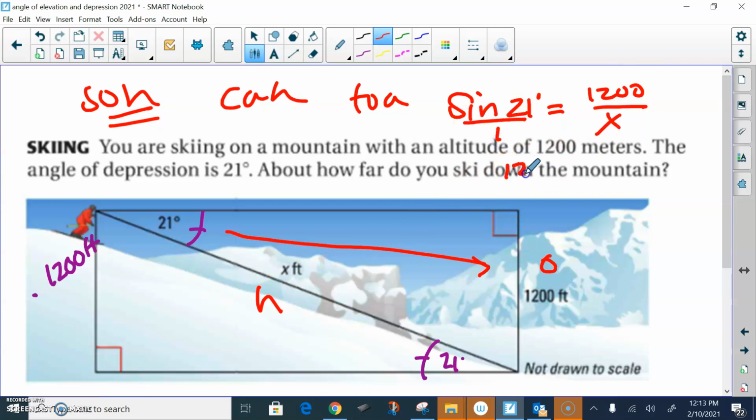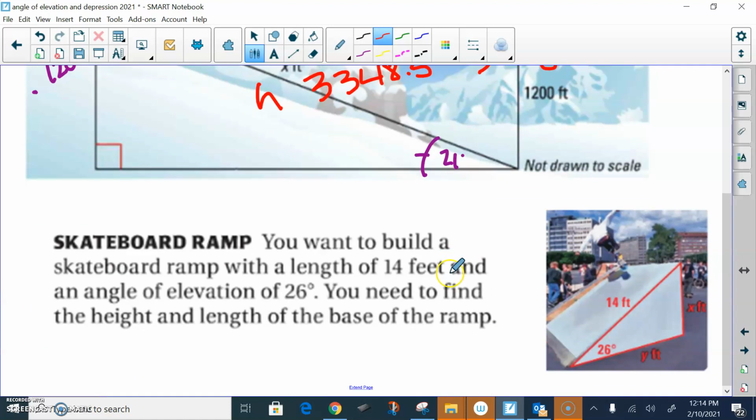We're going to cross multiply. We're going to divide. So I grab my calculator, I punch in 1,200 divided by sine of 21. And it looks like he is going to have about 3,348.5 feet or meters.